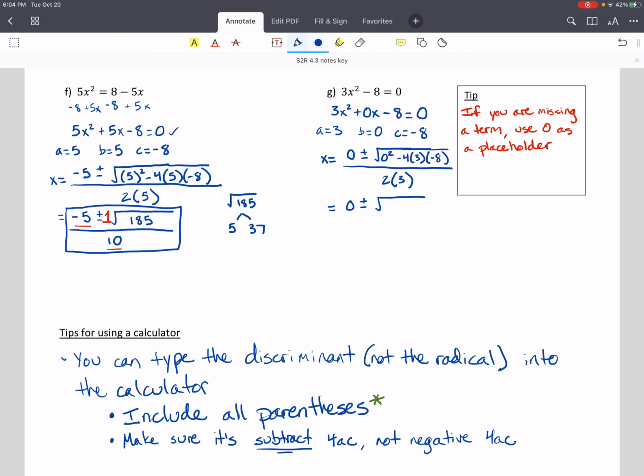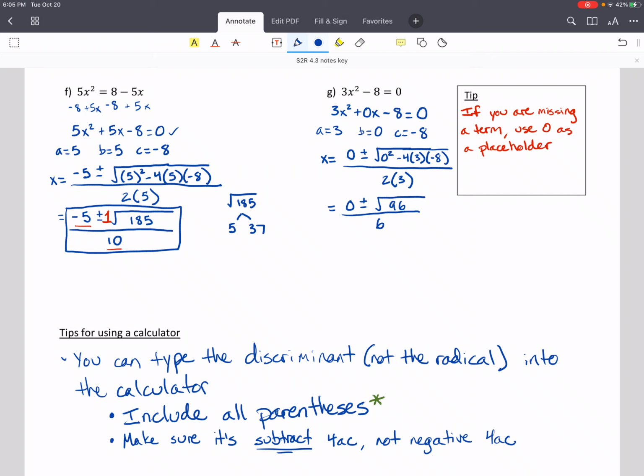Calculator time is my favorite time. Okay, negative 4 times 3 times negative 8 becomes a positive 96. Divide that by 6.